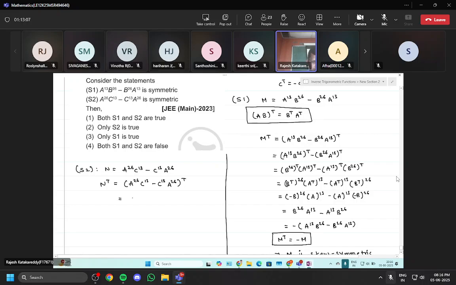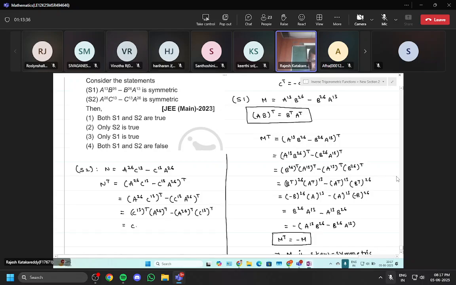Now transpose is distributive over subtraction, so I am doing that. So interchanging them, it is C power 13 whole transpose, A power 26 whole transpose minus A power 26 whole transpose, C power 13 whole transpose.